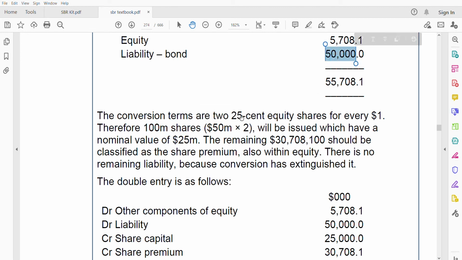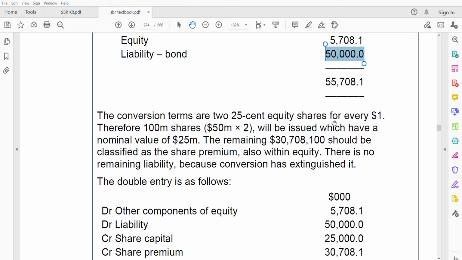So it's 2 because they told 2.25 equity shares for every $1. Don't take 50 as 2 into 25. This 50 million is the value of the bond. That means for one bond you will get 2 shares. So 1 into 2, 100 million shares.